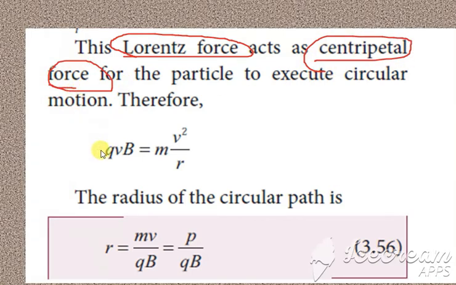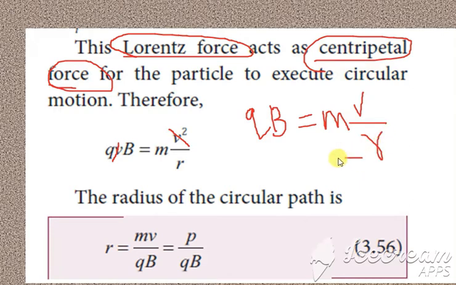So we can say that QVB is equal to m into V square by r. Now both sides cancel the value of V. So we get Q into B is equal to m into V by r. Now bring this r to this side, and QB we are going to bring here. So we get this term, which is R is equal to MV divided by QB.